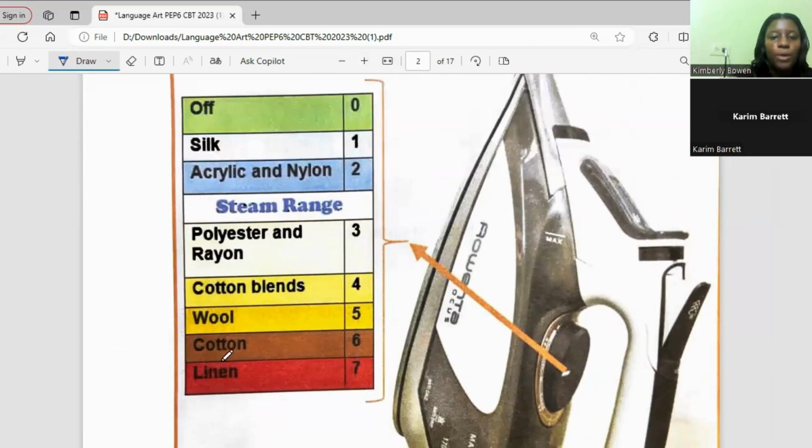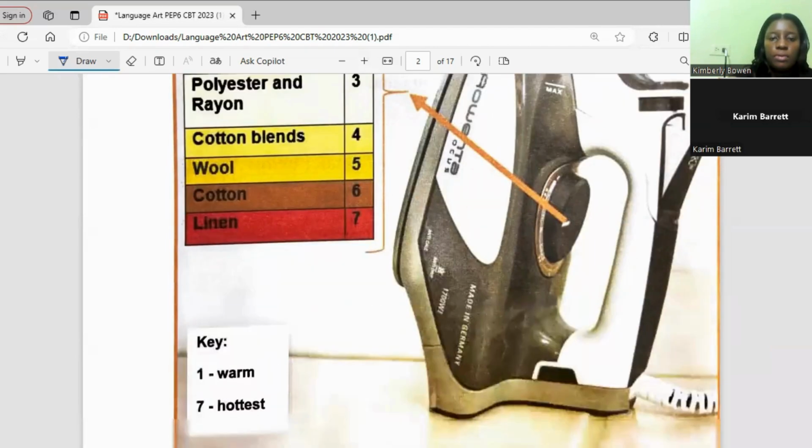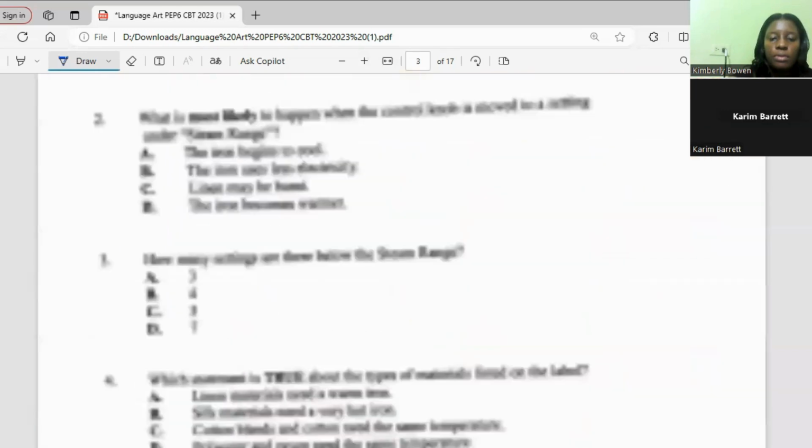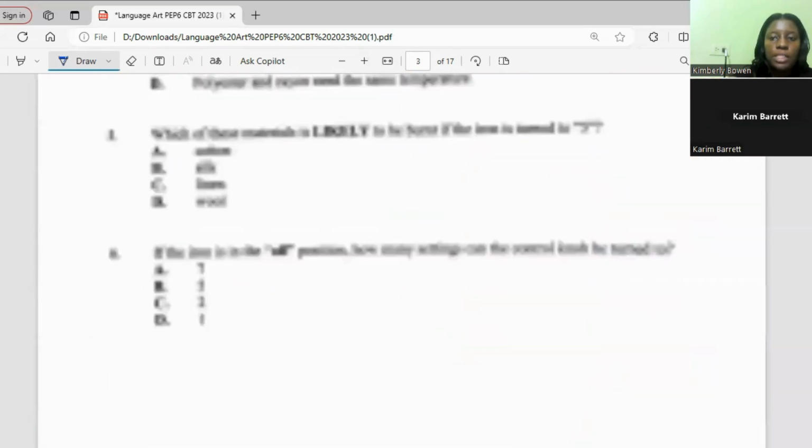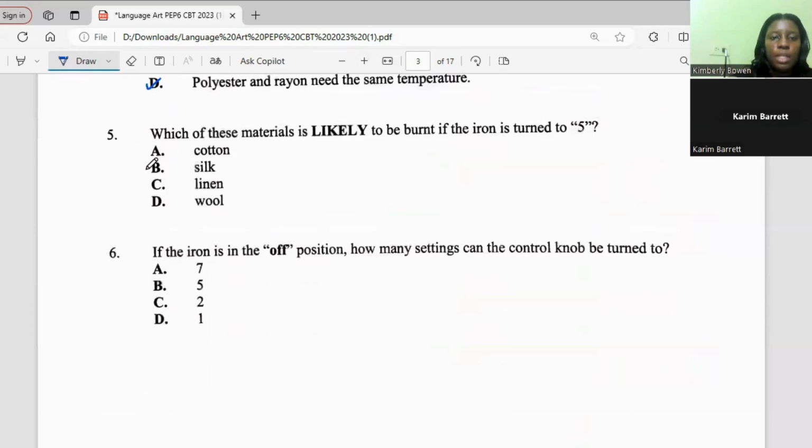Cotton is above 5, so we know it's not cotton. All right, look at it now. It says which one of these materials will burn if it's on 5? The options are silk, wool, cotton, and linen. Which one was your answer? Silk. Silk would burn, right? Because it's the one that needs the lowest temperature, right? Yes, miss.